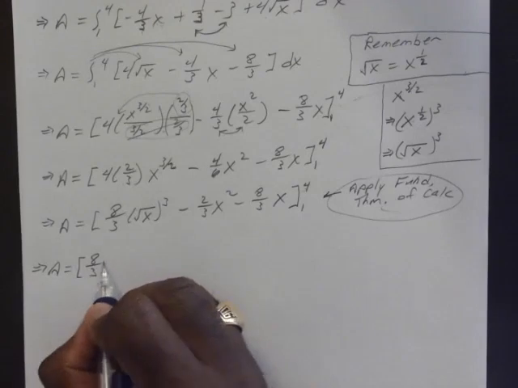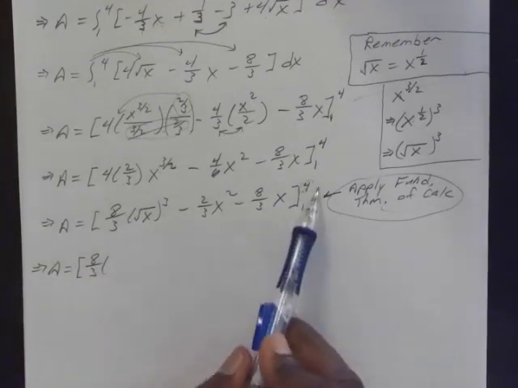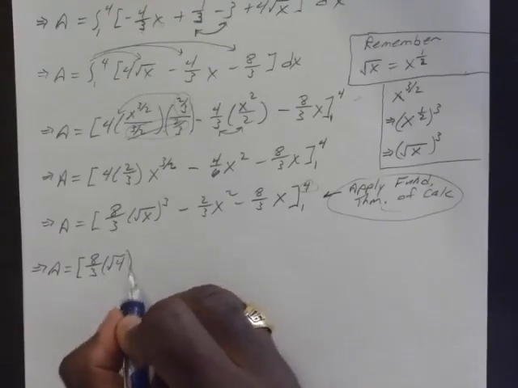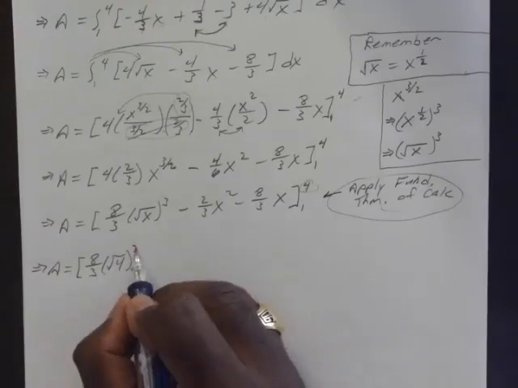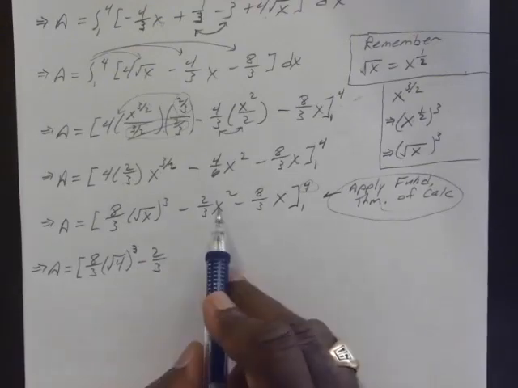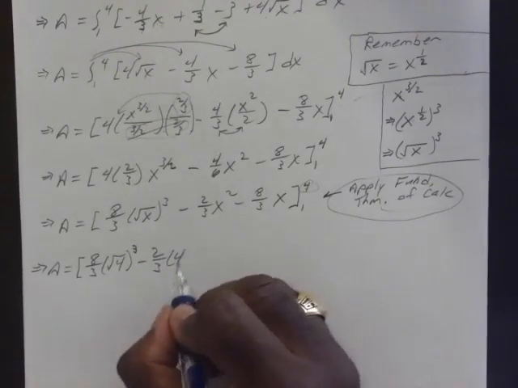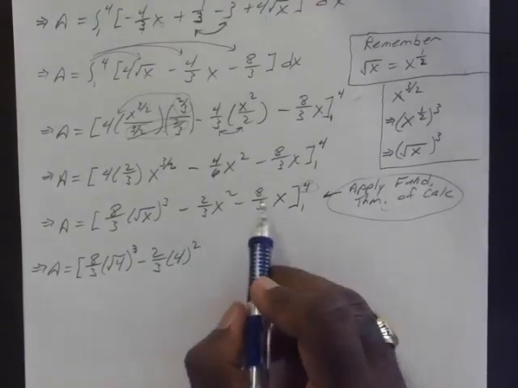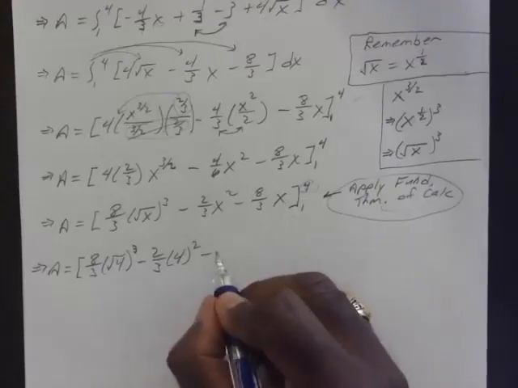So we have 8 over 3 times the square root of 4 to the 3rd power, minus 2/3 times 4 squared, minus 8 over 3 times 4.